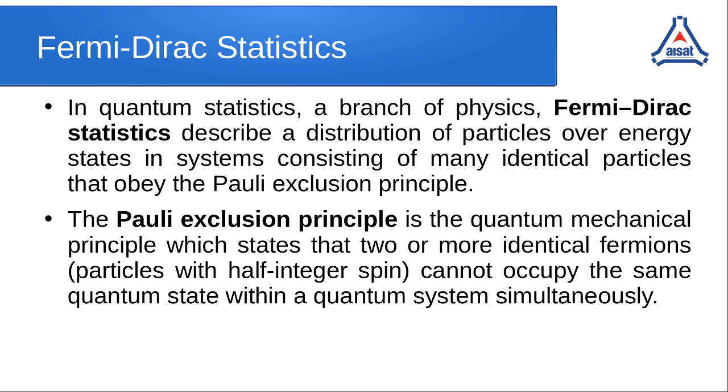Such particles are known as fermions, particles with half integer spin. So the Fermi-Dirac statistics is a general statistics that caters to any identical particles. And this statistics will help us to find the probability of finding that particle in a particular state.